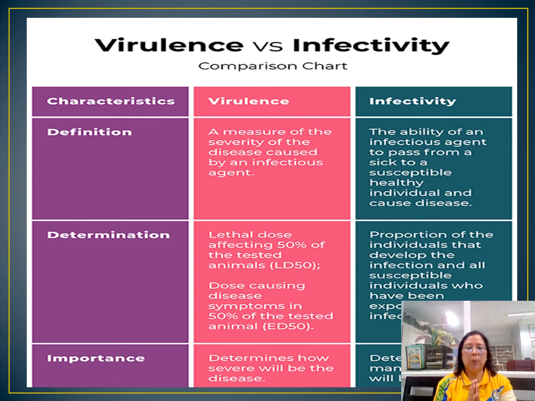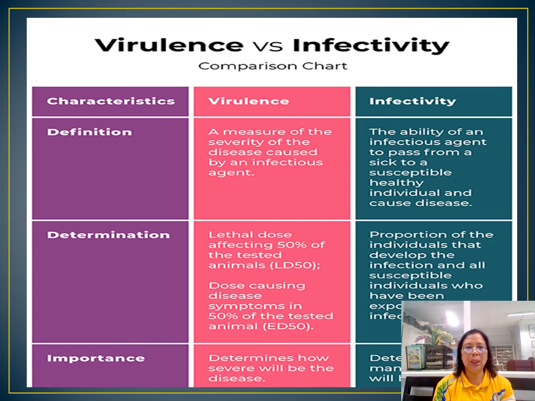So, yung virulence, as we have made mention, is a specific disease, the extent of the severity of a specific microorganism. Now, infectivity, the definition of such is the capability of the pathogenic organism to transfer the disease from one host to another.